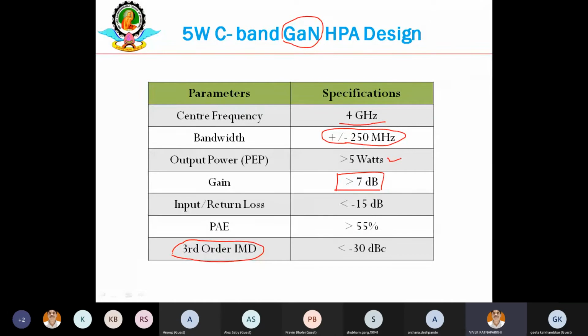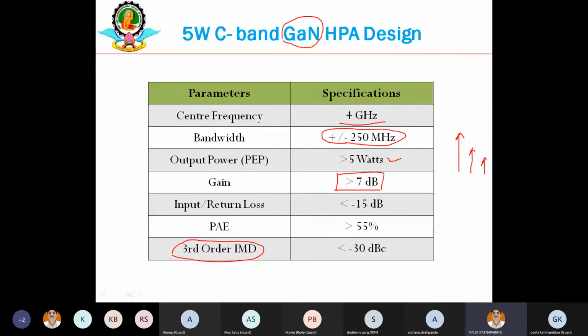So as we were talking about, this is a nonlinear thing. What will happen if you have a main frequency? Let us say this is 4 gigahertz in our case. Some harmonics will be generated. So 4 gigahertz, then the second harmonic will be 8 gigahertz, then 12 gigahertz, then 16 gigahertz, and so on and so forth. As we progress in harmonics, the output power at those harmonics is going to reduce.